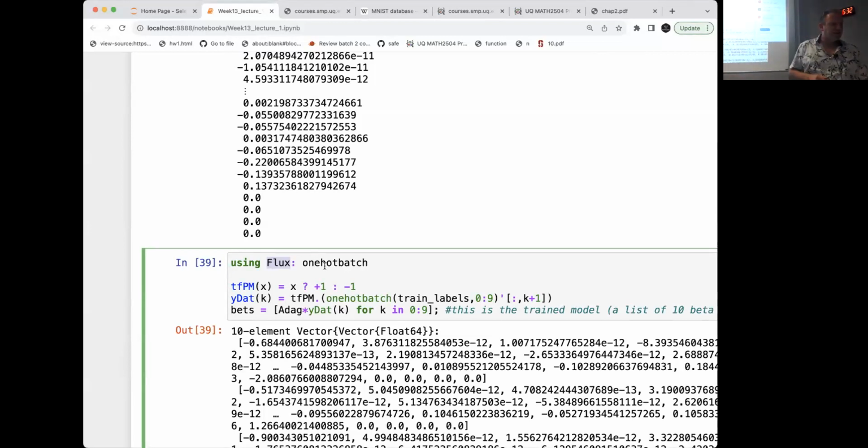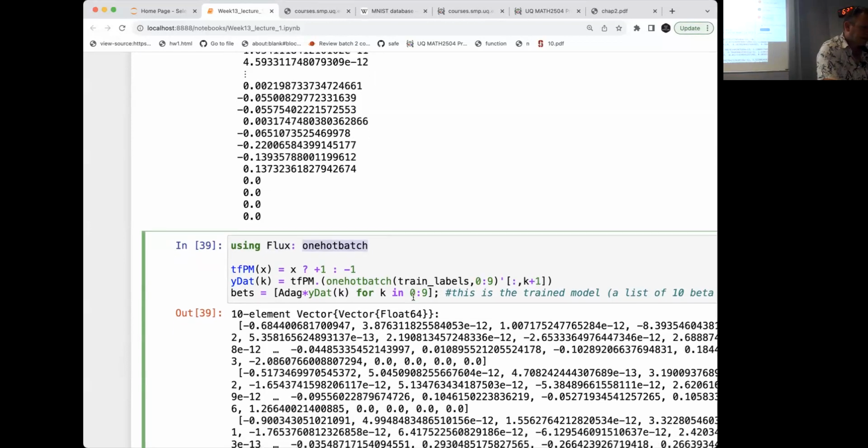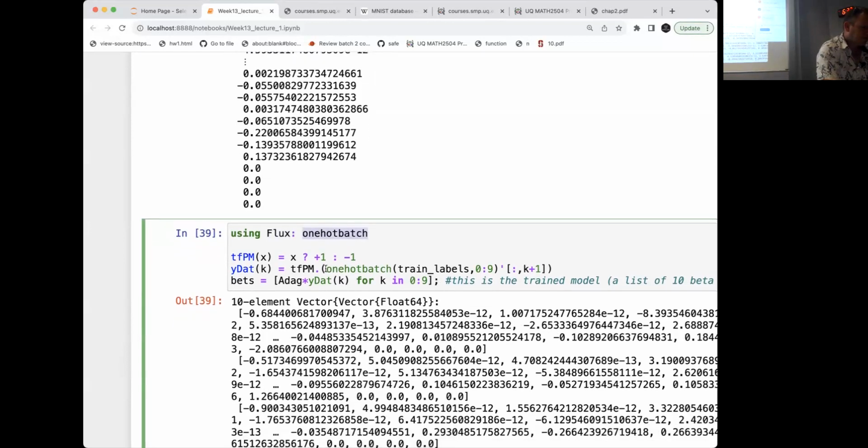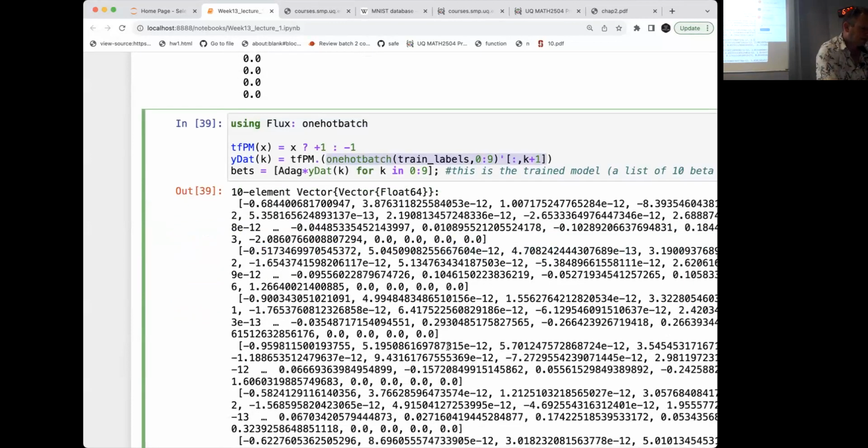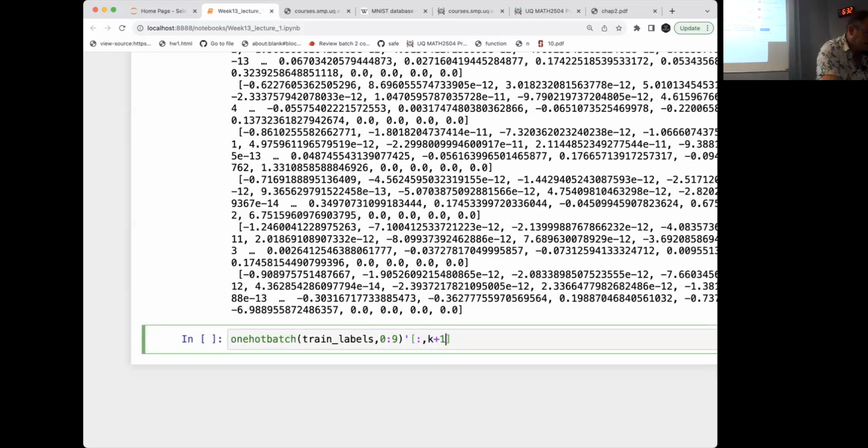We are just going to use one function from Flux at the moment, which is called onehotbatch. If we do this a second, so let's do it down here. Onehotbatch, and let's take, say, 7.